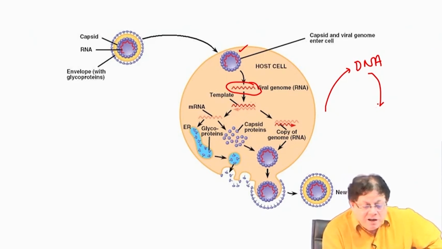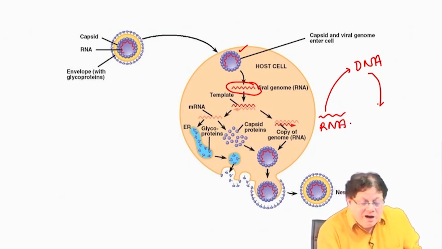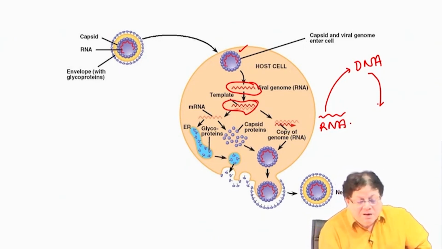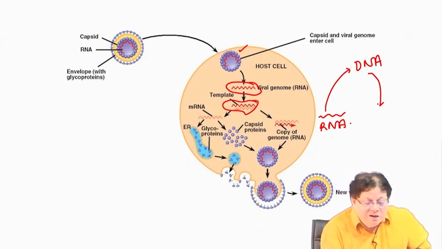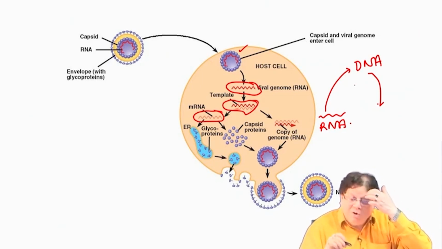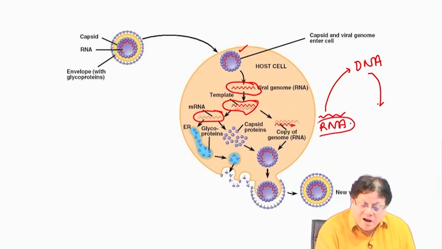So, the virus has an RNA here. First, the RNA is acting as a template. So, another RNA, the mRNA, is made directly from here. You do not have to go to the DNA now, because you have the RNA.